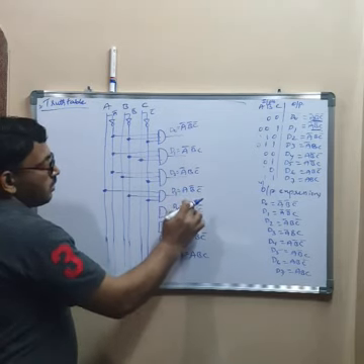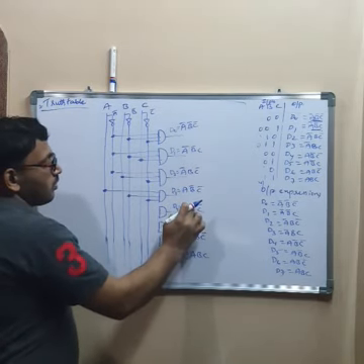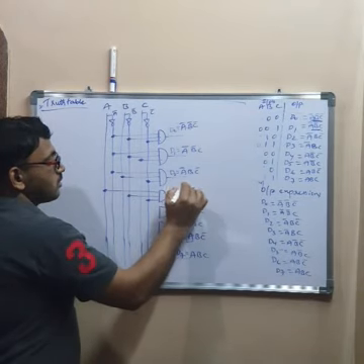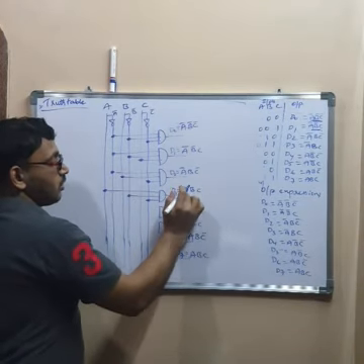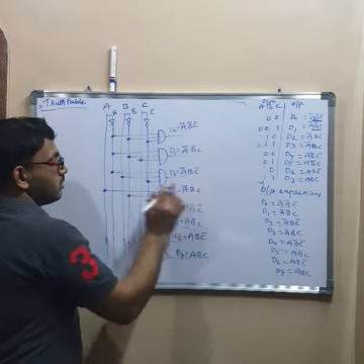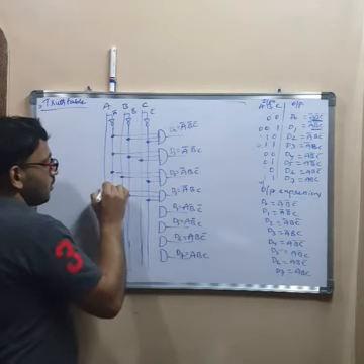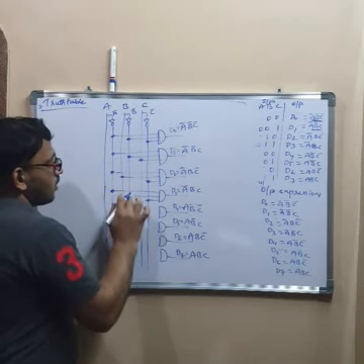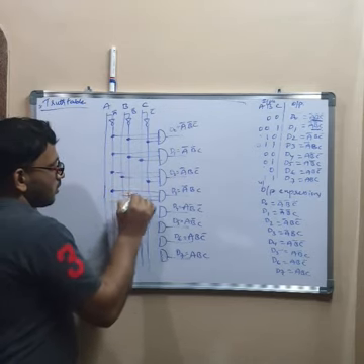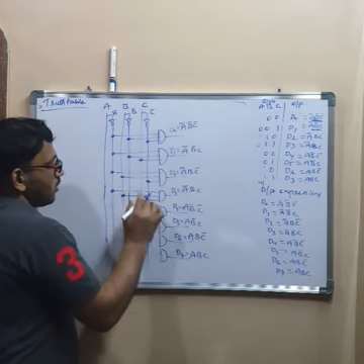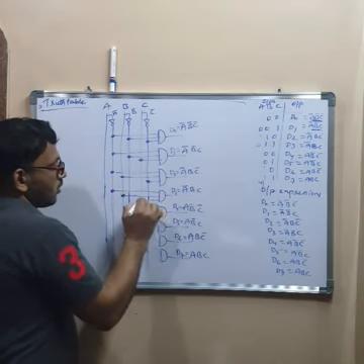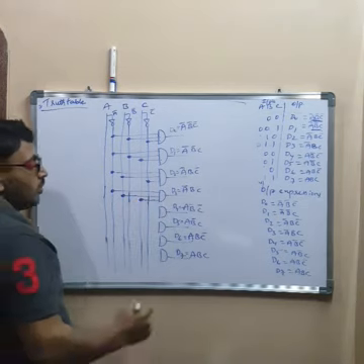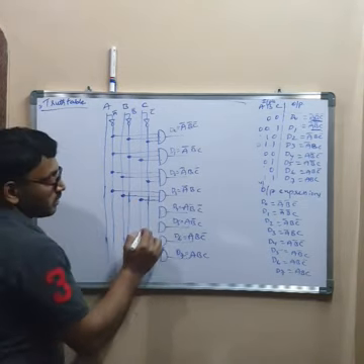D3 is equal to 0 1 1. This is D3. D3 is equal to 0 1 1. This will be A bar B C. A bar, B, C. This is D4. A B bar C bar.